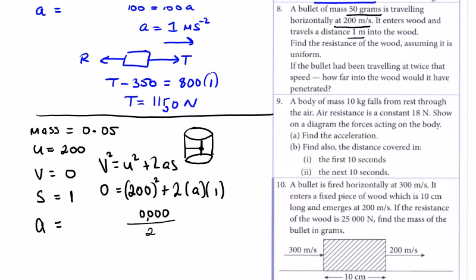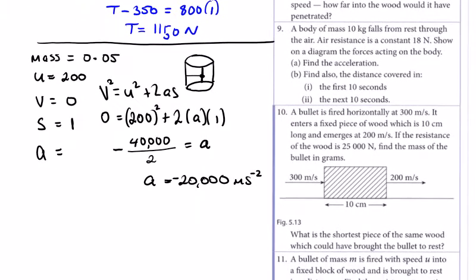That's a 4, not a 2 clearly. 2 squared is 4. So that's going to give me my a, and that's going to be a negative a. So a is equal to 20,000 or minus 20,000 ms to the minus 2.